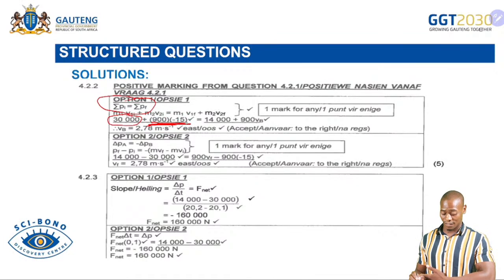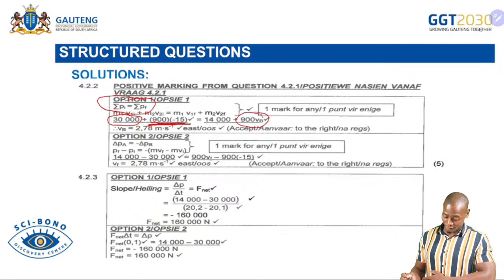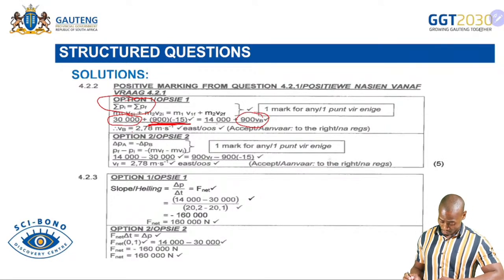Why negative 15? Opposite direction. Then after collision, the final momentum of A is 14,000. Then we are looking for the final velocity, using the principle of conservation of linear momentum.